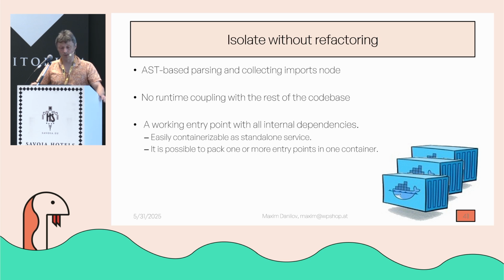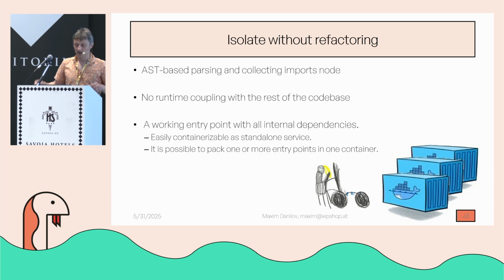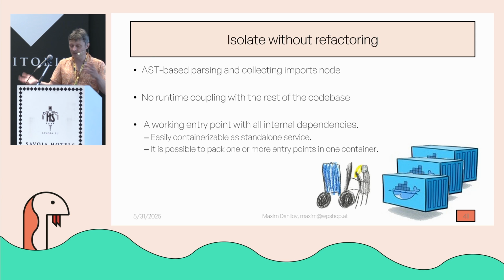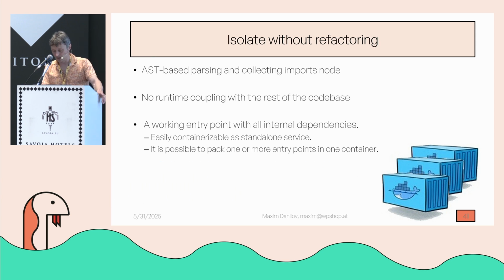In runtime, I don't have any coupling with the rest of the codebase. It means I improve the stability of 1 entry point, and a working entry point with all internal dependencies is easily containerizable as a standalone service, and it's possible to pack more entry points in 1 container and run it.